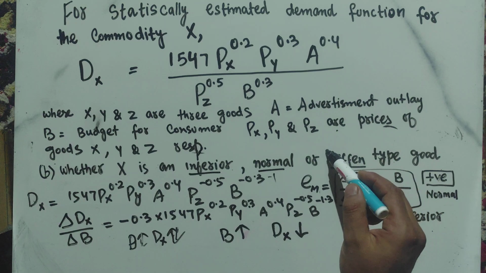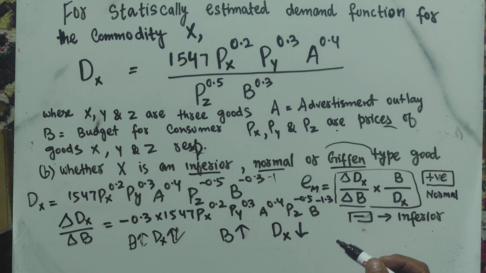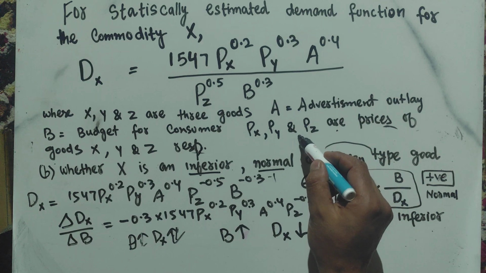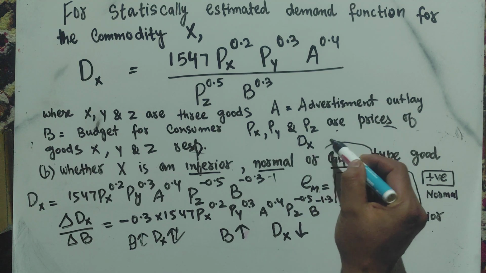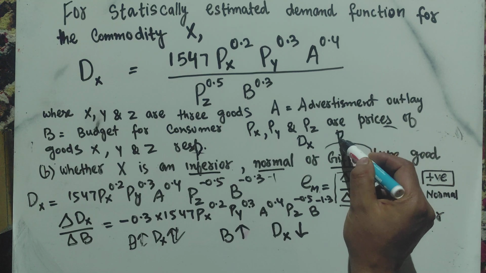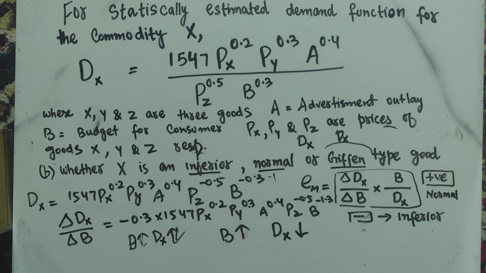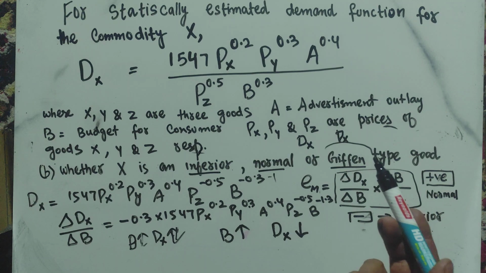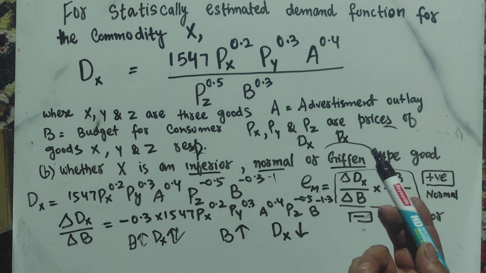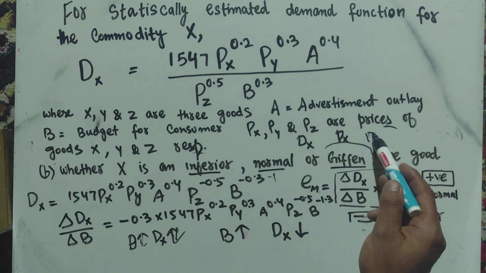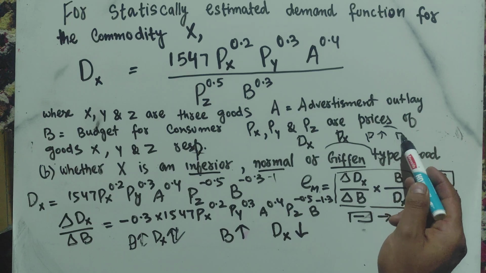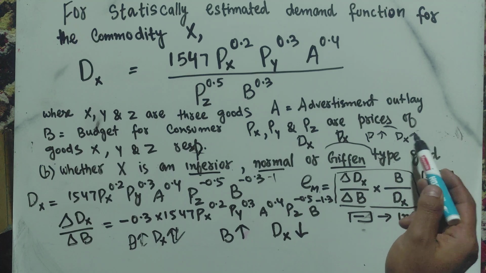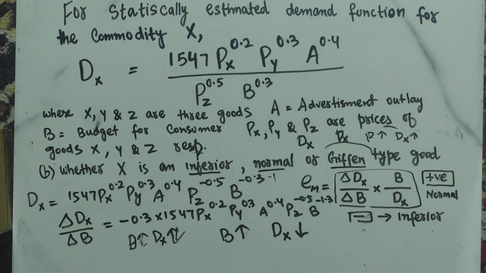Now what about Giffen good? Giffen good shows us the relationship between demand for good X and the price of good X. If the price of good X increases and demand for good X also increases, then we could have said that good X is an inferior Giffen type good.